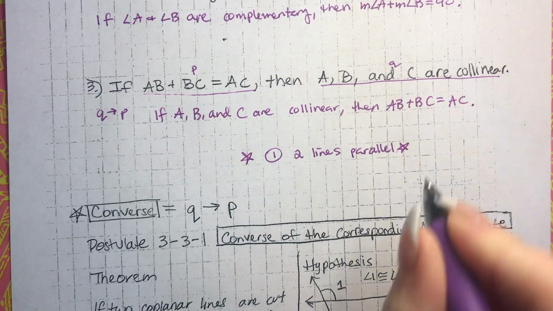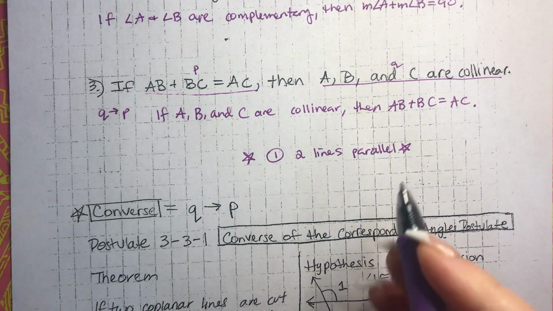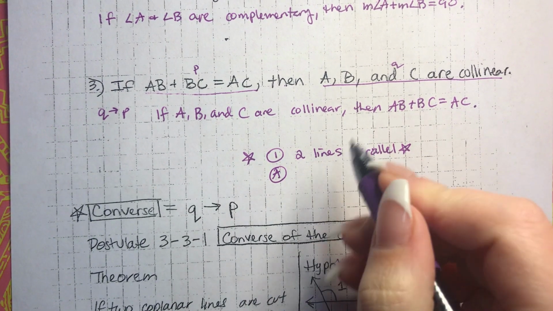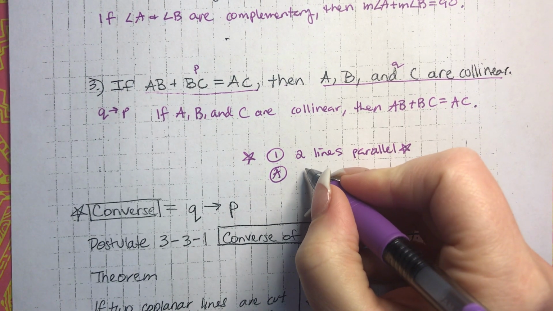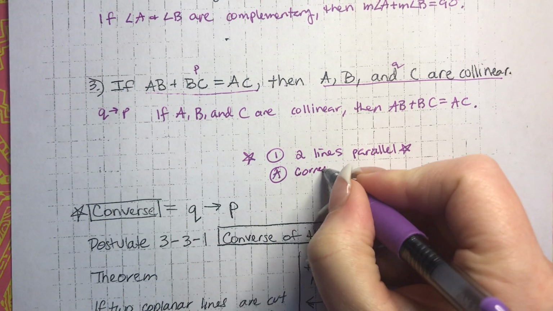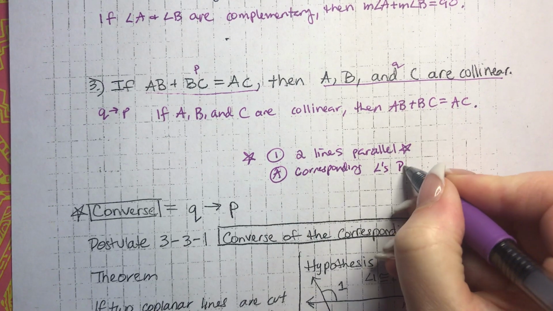So if 2 lines are parallel, then we could apply 4 different things. We could apply A, which was the, what was it? It was the corresponding angles postulate.